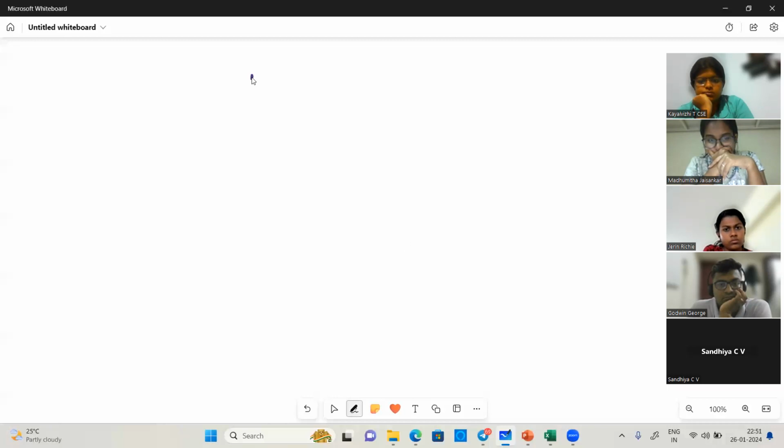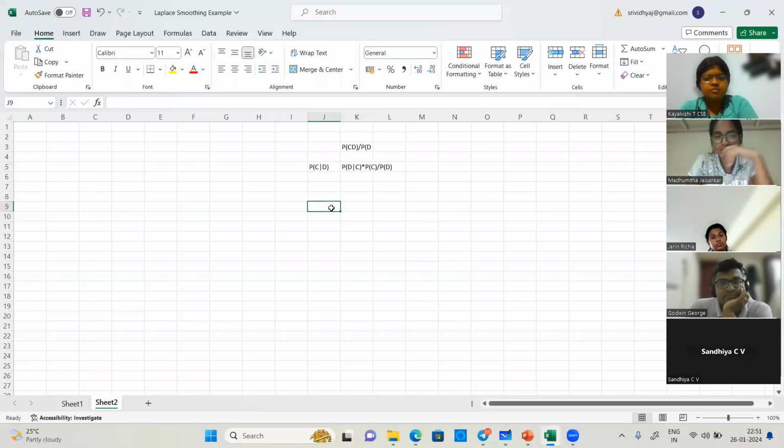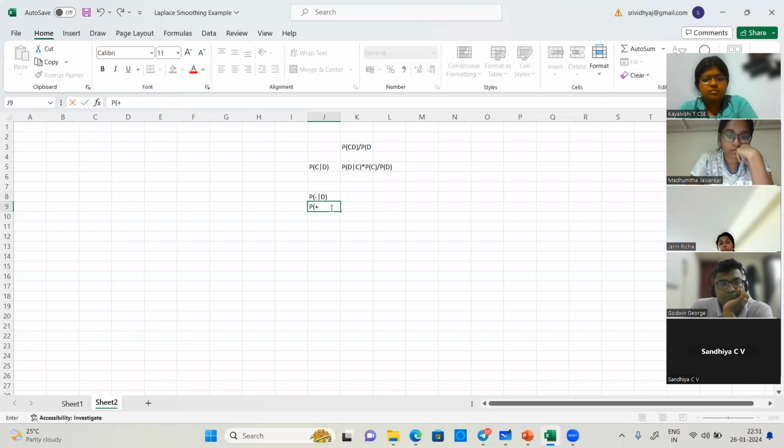Wait, so probability of no, and then probability of positive given it's... nope. I need to get used to this. Apologies, folks. Go back to Excel. Okay, so probability of negative given D and then probability of positive given D.